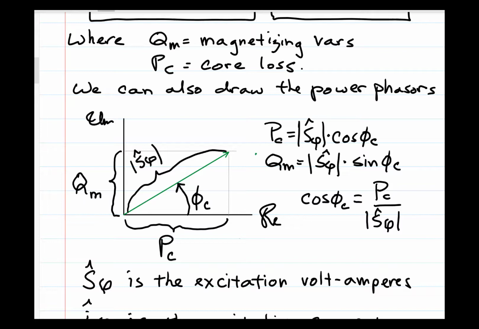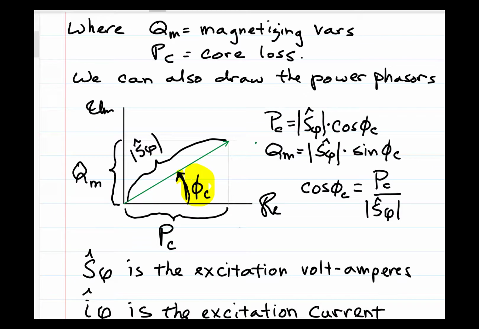we know that this angle here, if we're looking at a phasor of the powers, phi sub c, would be equal to the negative of the input power factor angle. Here is the volt amperes, and along the real axis we would have the core loss, and along the imaginary axis we would have the magnetizing reactance.